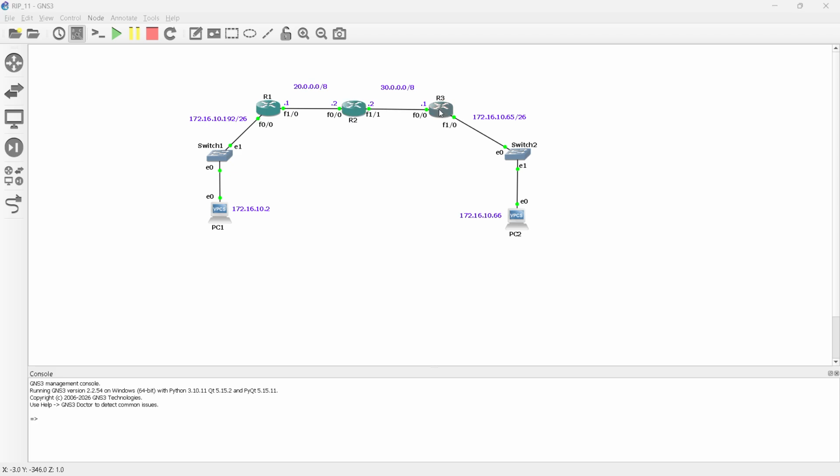Similarly, R3 will advertise this network with this subnet mask, along with the direction that it has learned it through this FastEthernet. So it is also telling R2 that the network is coming from the right side of R2. This is how our discontiguity problem is solved when we use RIP version 2.